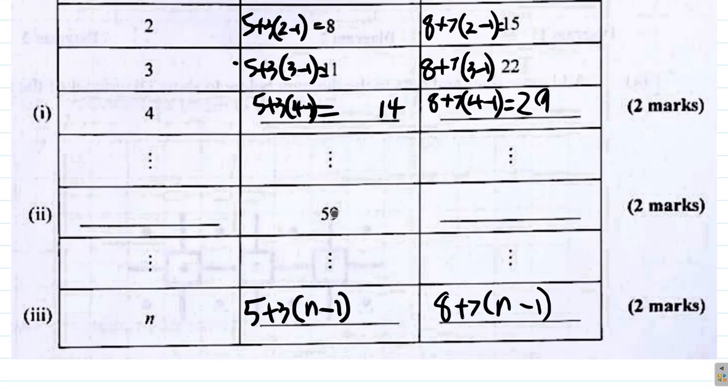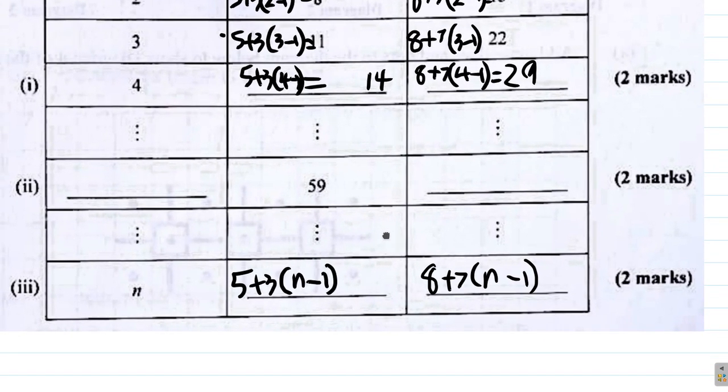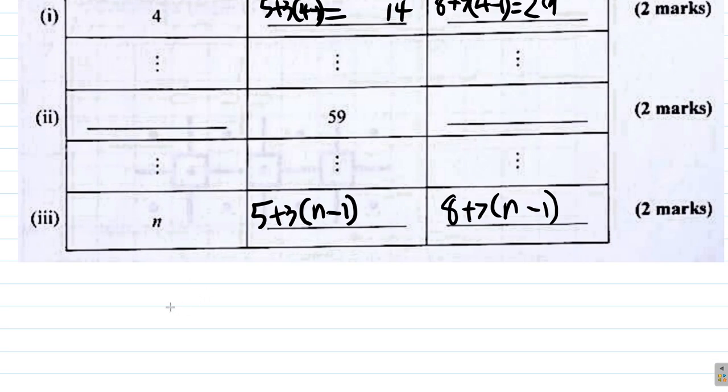Now looking at this part 2, if this result is 59, then what you should have up here is 5 plus 3 times n minus 1 is equal to 59.